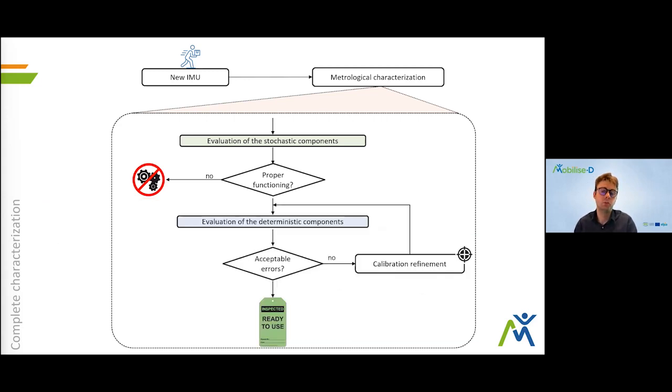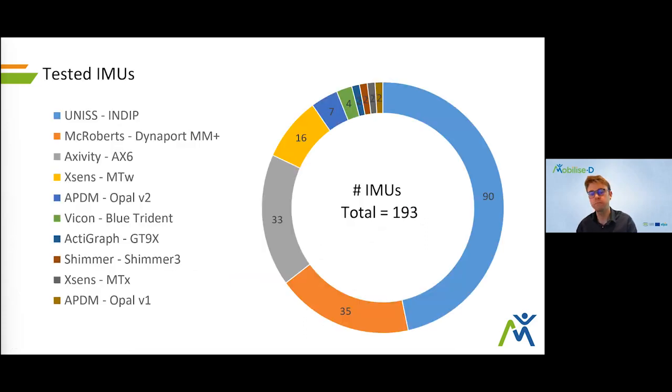If the IMU is working properly, then the deterministic components of the errors are assessed to understand whether a calibration refinement is needed. Otherwise, the device is ready to use. In particular, this step was implemented for each INDIP, since the recalibration was only performed by the manufacturer of the sensor. Thus, a refinement was needed.